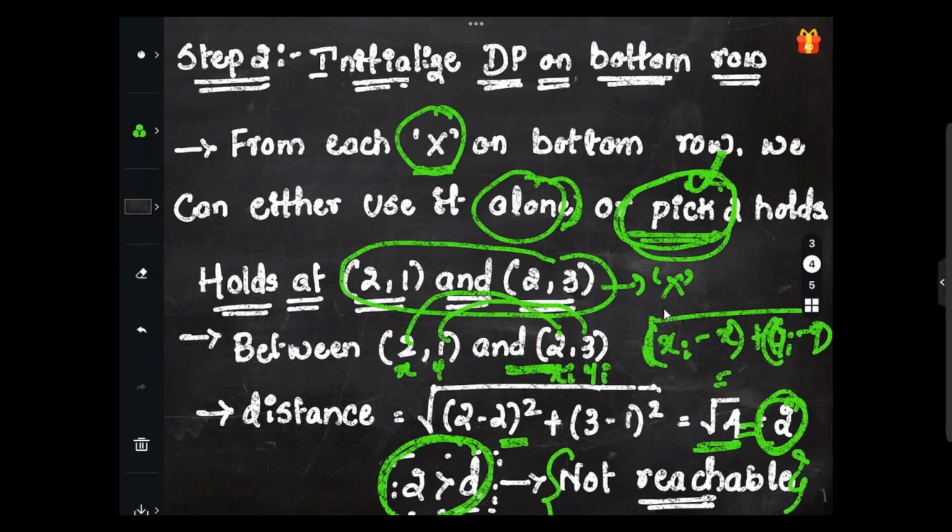When we put the Euclidean distance here, it has to be less than D. While reading the question, I read this multiple times: it has to be less than D at any cost. Here 2 is greater than D, and it is not reachable.